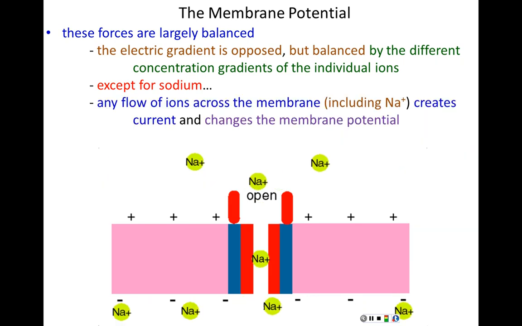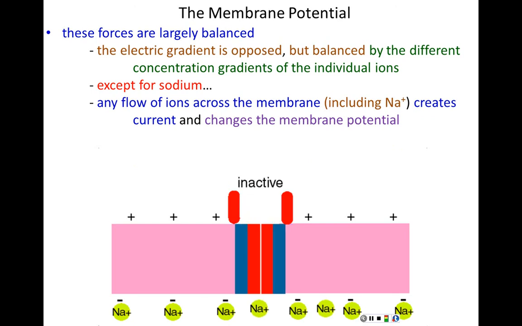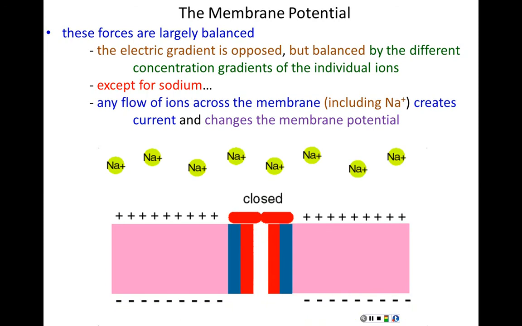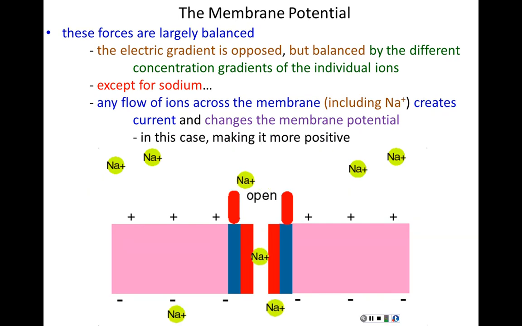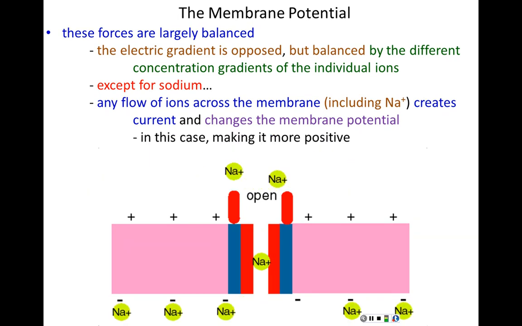Any flow of ions, I don't care where they are or what they're doing, creates a measurable current in amps and changes the membrane potential because now the balance of ions on either side of the membrane has changed. Remember, we usually have a resting membrane potential of between negative 20 and 200 millivolts.